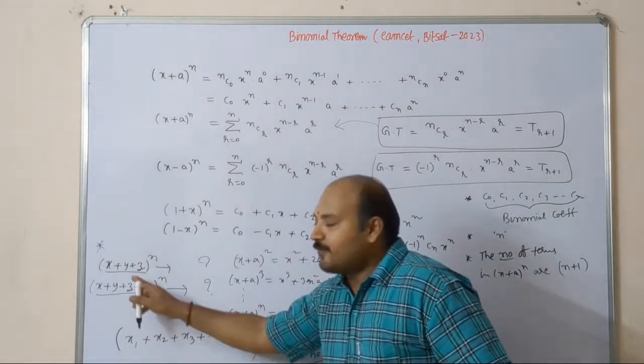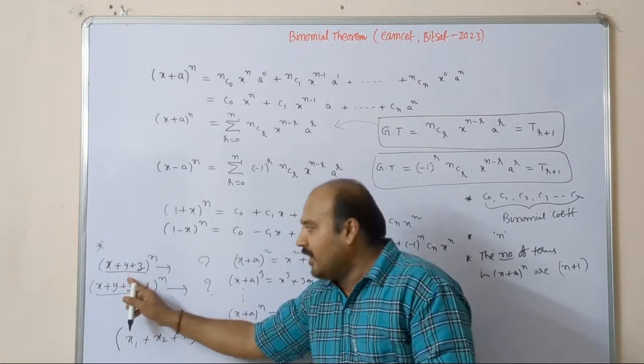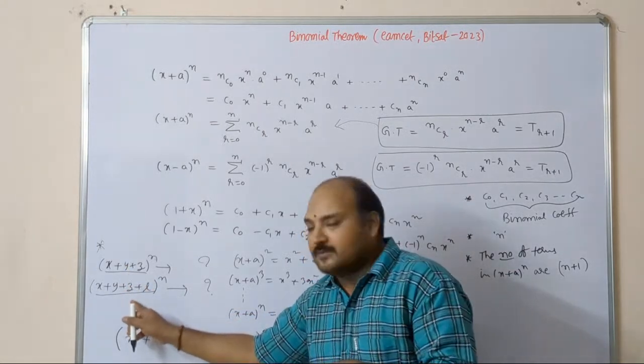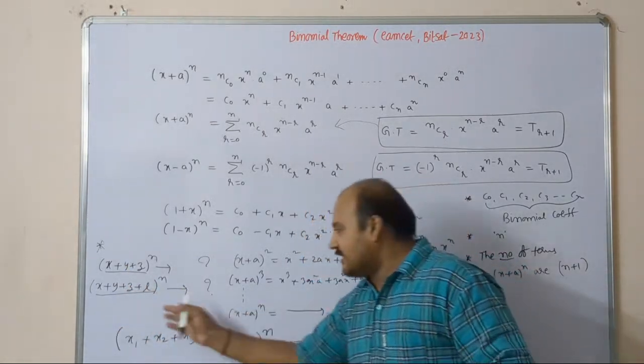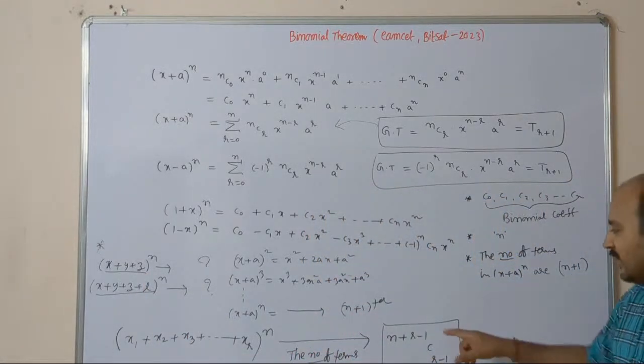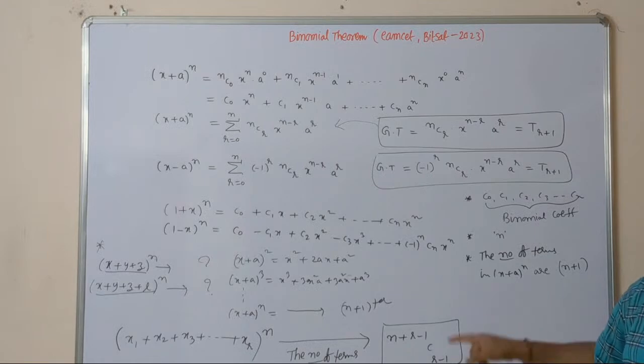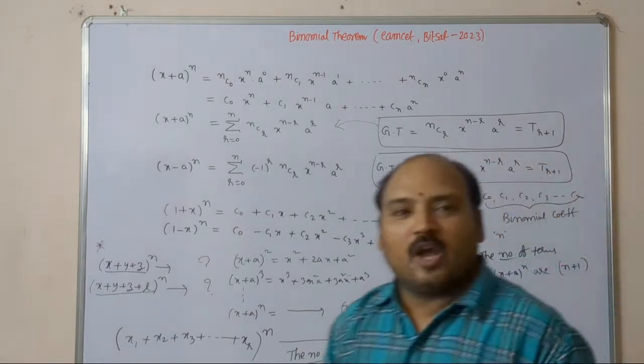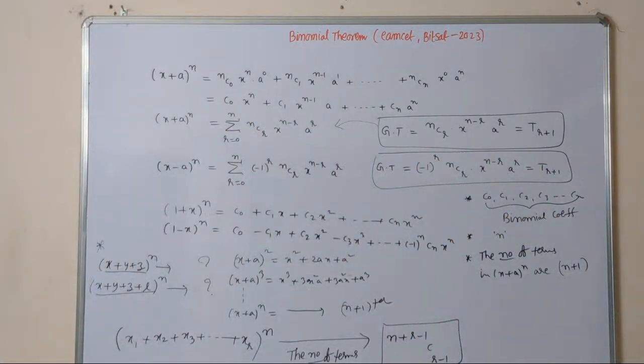In this, instead of binomial, trinomial or biquadratic terms, like this 5 terms, 6 terms are there, you can apply this formula n plus r minus 1 c r minus 1. Dear students, keep in mind. I hope you understand. I will tell the examples also. I will come to you with examples.